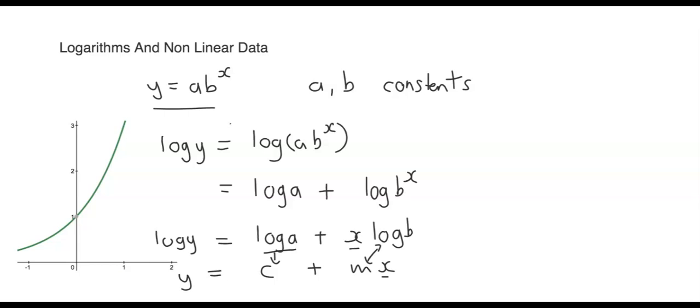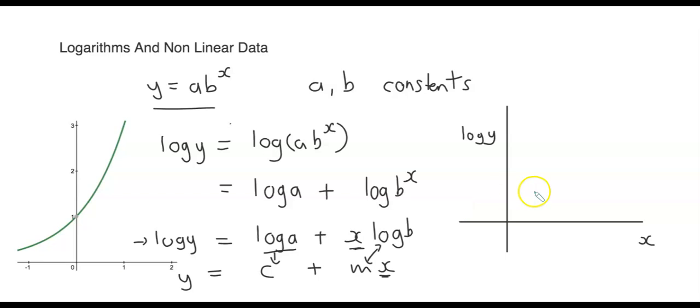But in this case, we're going to draw our new equation, and the axes are now, instead of y, we're going to have log of y again. That's fine. It's the same as the previous question. But here, we're still going to have x on this axis because x remains in this equation here.